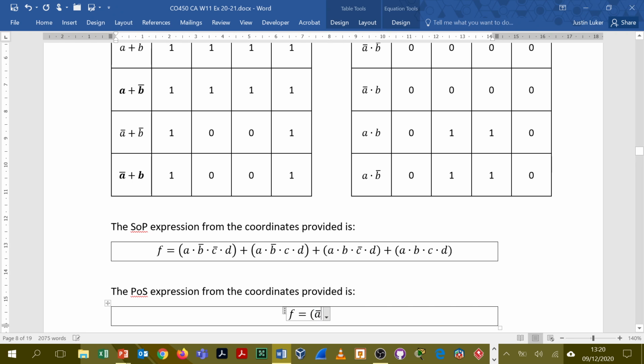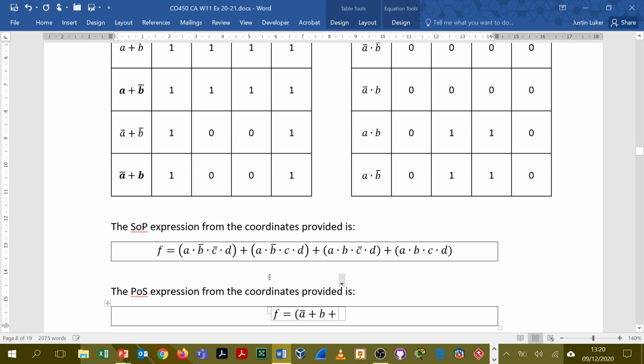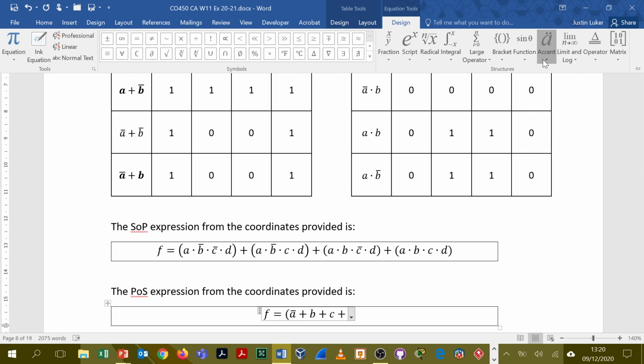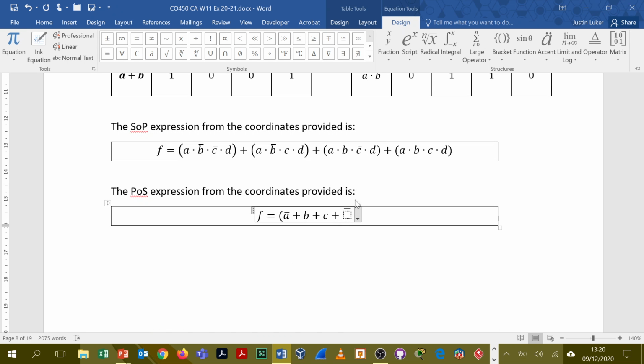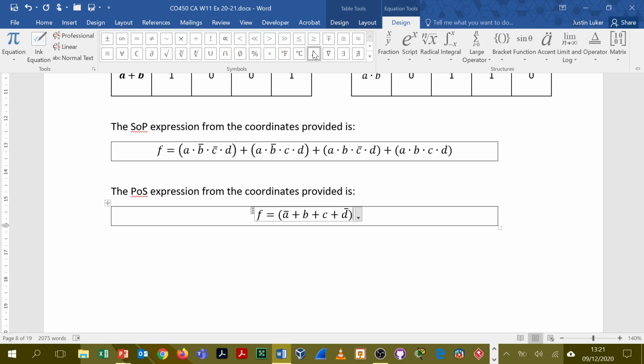Not A, or B, or for this one, C or not D, right? So C or not D. And then, and.